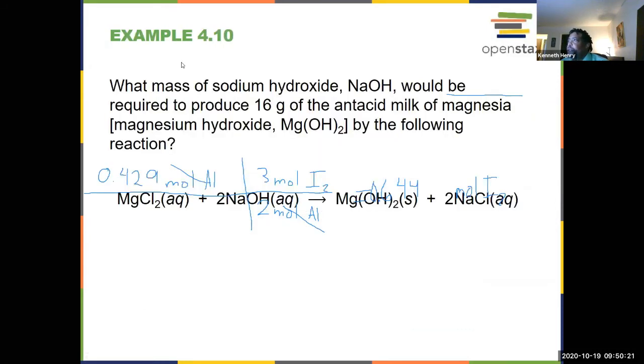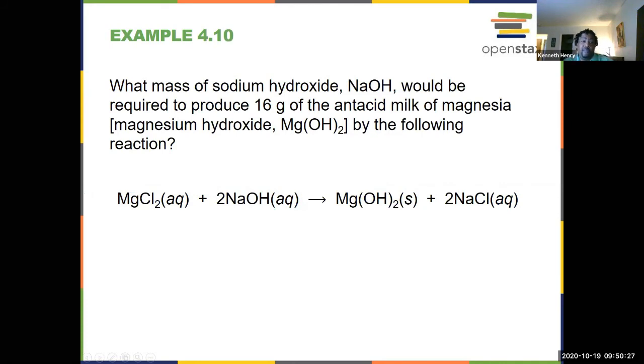Okay, so let's make it a little challenging. If we're given mass, again, the first thing that we're going to want to do is to balance our chemical equation. Our chemical equation has to be balanced. Now, our coefficients just tell us how many of that particular chemical we have. So we need to make sure our chemical is the correct chemical that we're looking at.